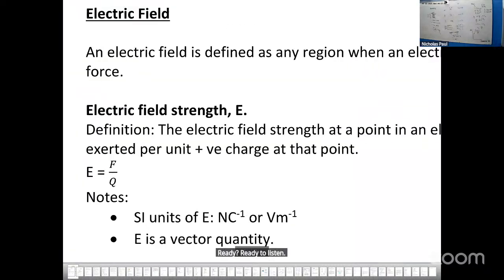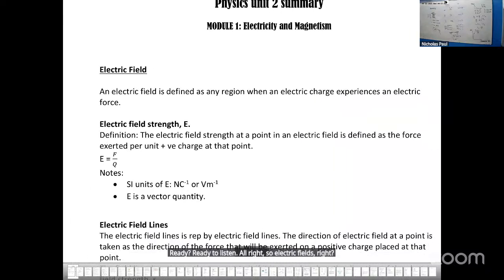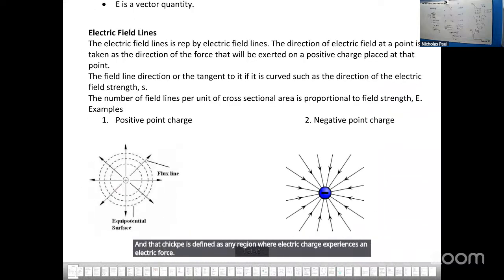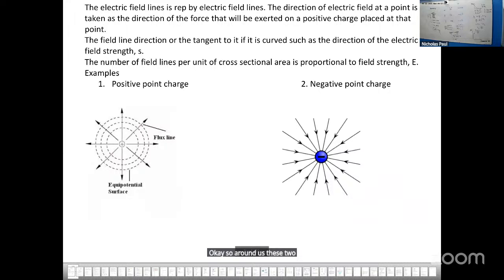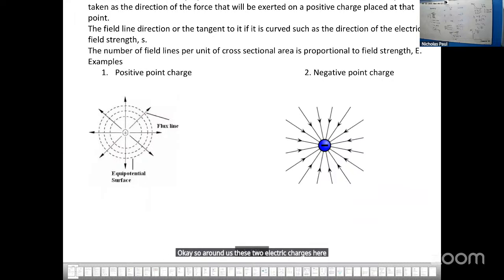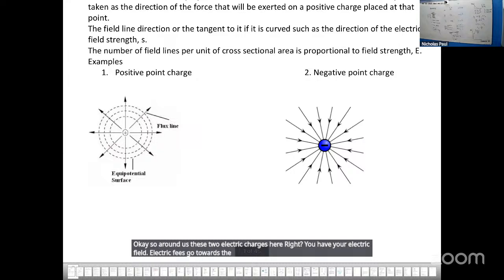Alright, so electric field, right? Electric field is defined as any region where an electric charge experiences an electric force. Okay? So around these two electric charges here, you have your electric field. Electric fields go towards the negative and away from the positive.